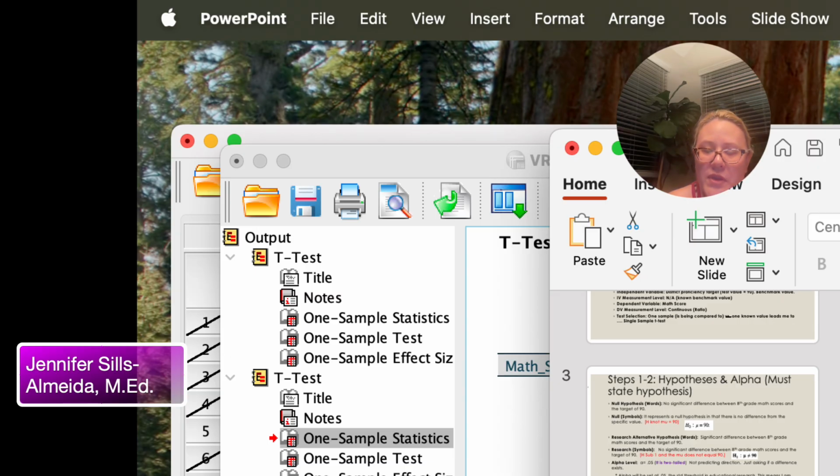If we look over here, as you can see, the two-sided p is 0.001, and the alpha value was set at 0.05, right? Because of that, we are going to reject the null because there was a significant difference, right? So that's why we're rejecting it.